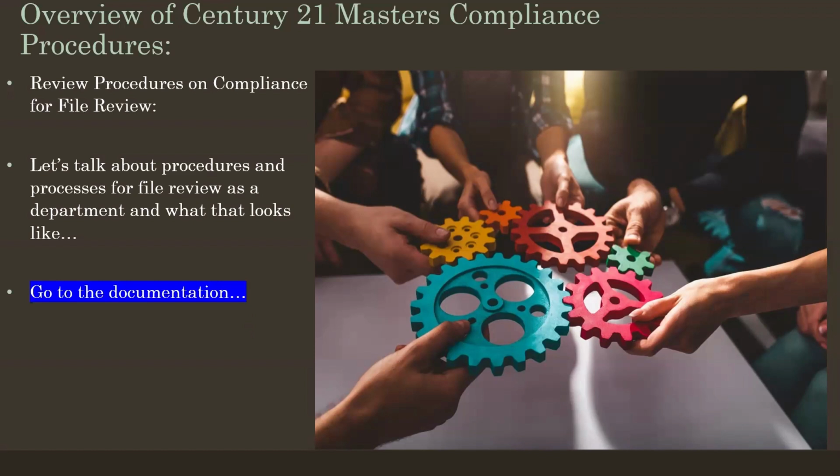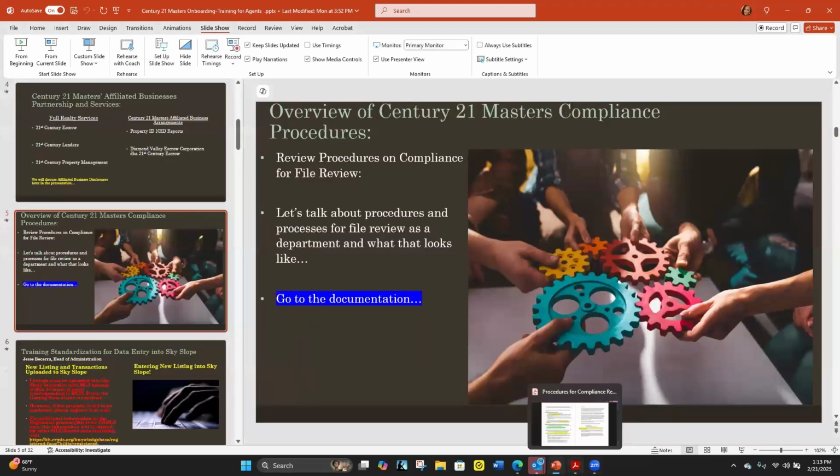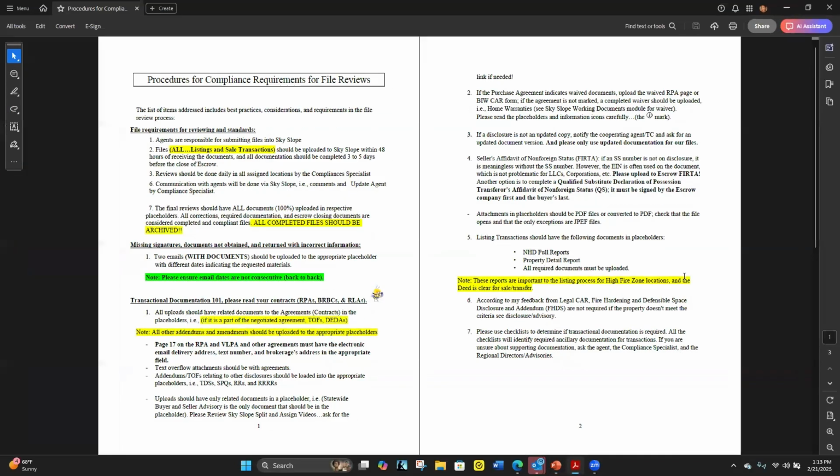Again, we have in-house TCs, and we'll have independent TCs, a roster that have been vetted, that have gone through orientation and training. So real quick, let's take a look at the procedures as to what is required in order for you to do your files in our system moving forward once we get Alliance up and running after March 1.